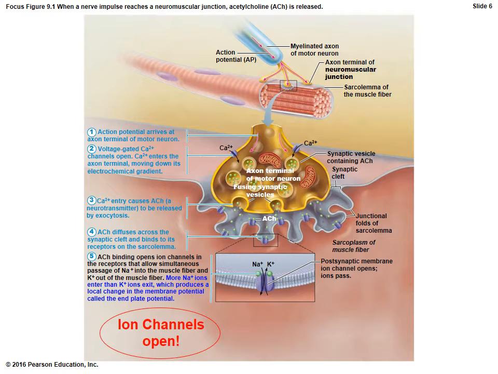And when that action potential makes its way over to the synaptic knob, it's going to cause your voltage-gated calcium channels to open up, and calcium will flood into the synaptic knob. As calcium enters the synaptic knob, it will stimulate little synaptic vesicles to release acetylcholine into the synaptic cleft.